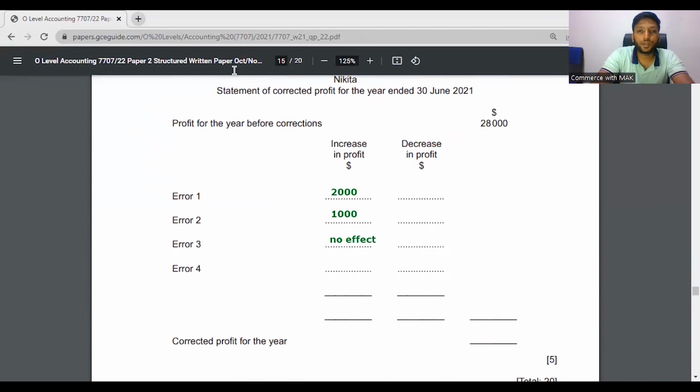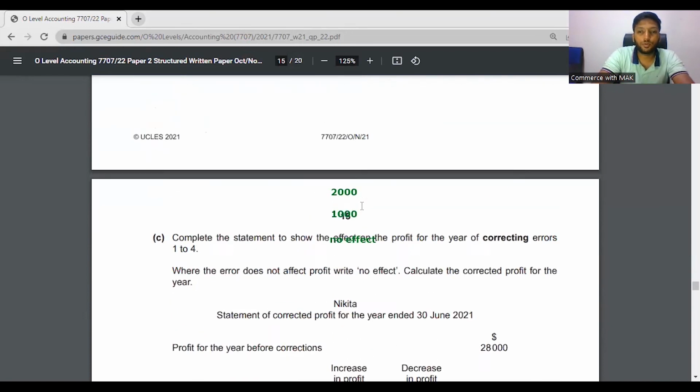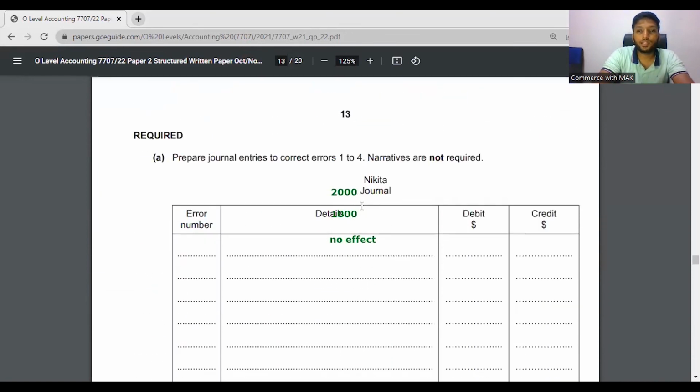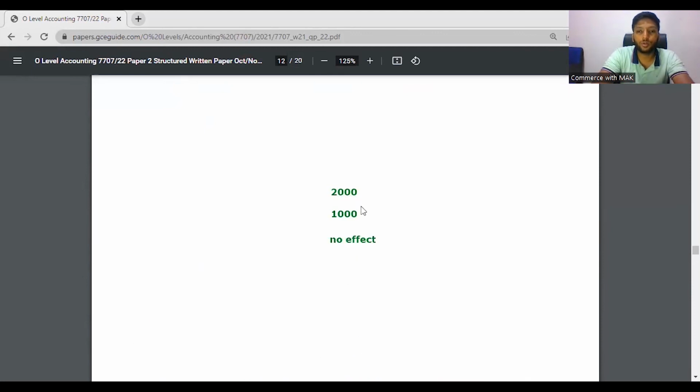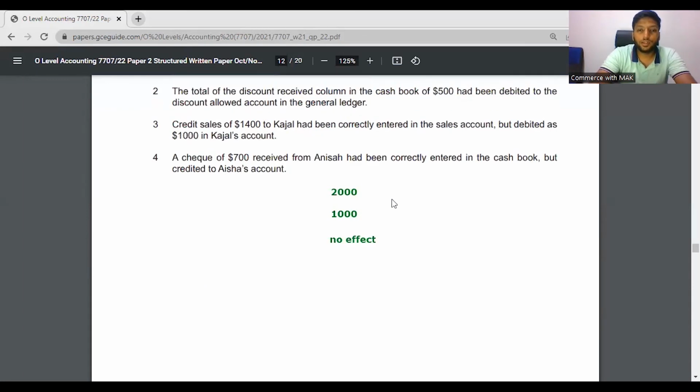Then under error 4, we can also see what has happened. You can see that it is not affecting the trial balance already. You all know that. In error 4, a cheque of $700 received from Anish has been correctly entered in the cash book but credited to Asha's account. As it is an error of commission, it does not change the profit. It might be related to a supplier or to a debtor.